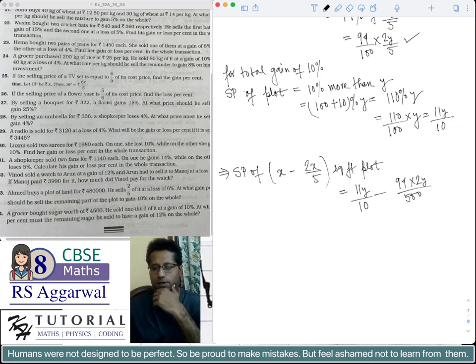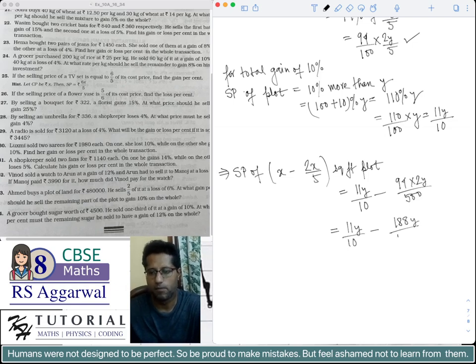We have to simplify this. Okay, let's do it. This is 11y by 10 minus 94 into 2, which is 188y by 500. If you simplify this, it will be 550y minus 188y divided by 500.